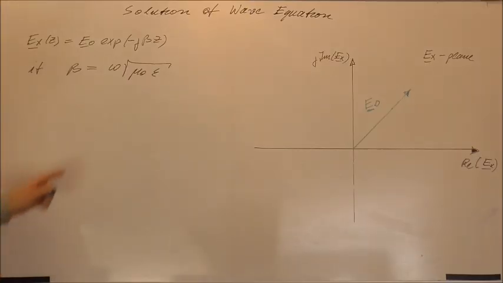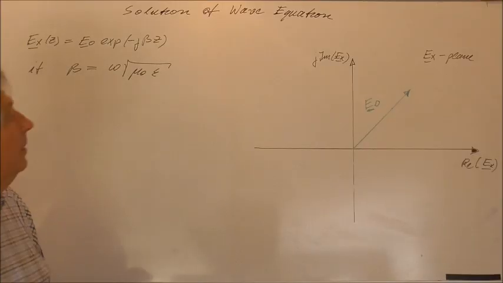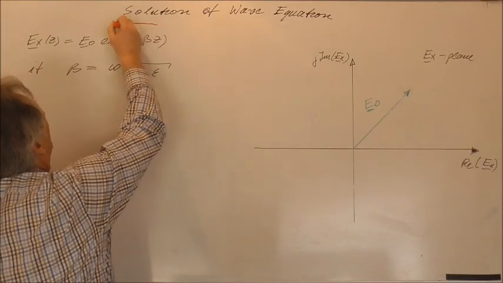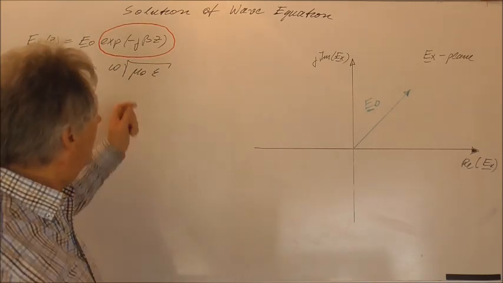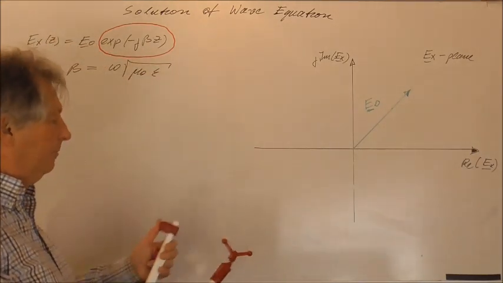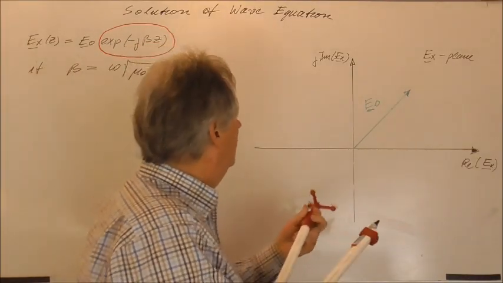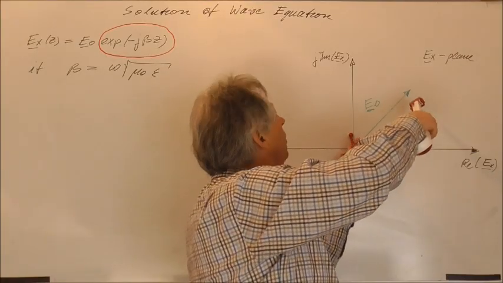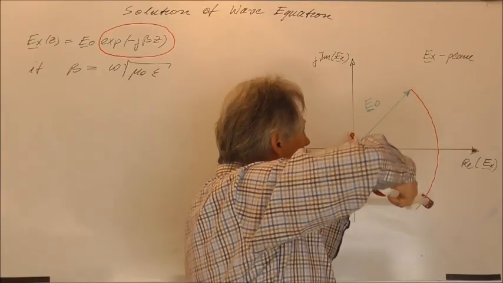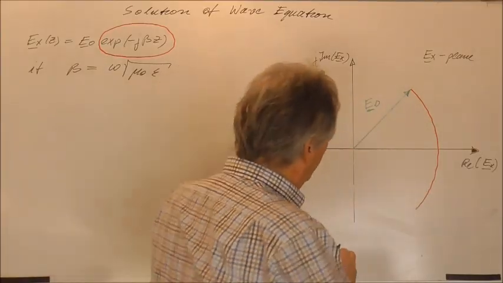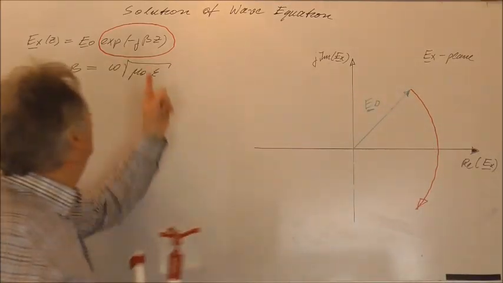And what will this function now do? This function will change the phase. So it only changes the phase, but leaves its absolute value constant. This means we can use, in principle, a compass. And what this term will do is change the phase in clockwise direction depending on the angle beta times z.